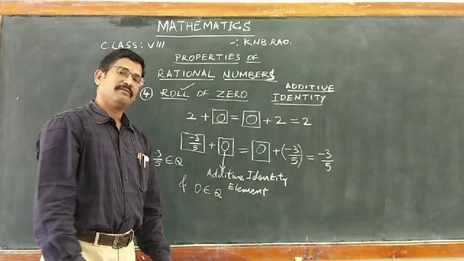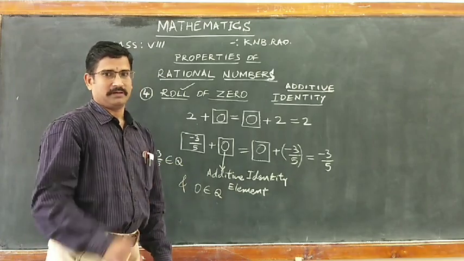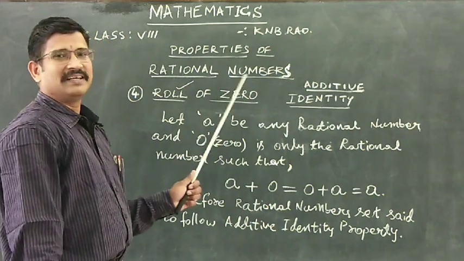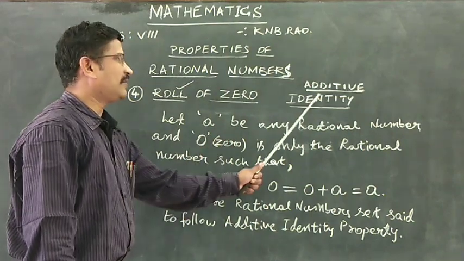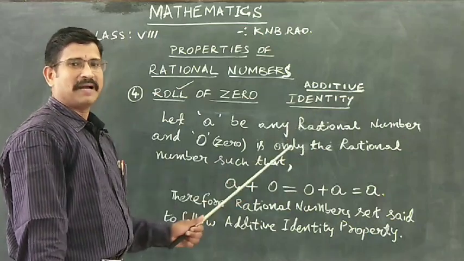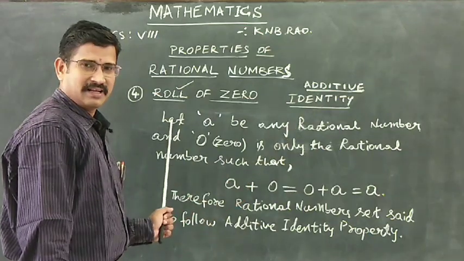We will sum it up after writing this property in a sentence form mathematically, then we will sum it up with the help of a table. Okay? Children, this additive identity property we define mathematically like this.